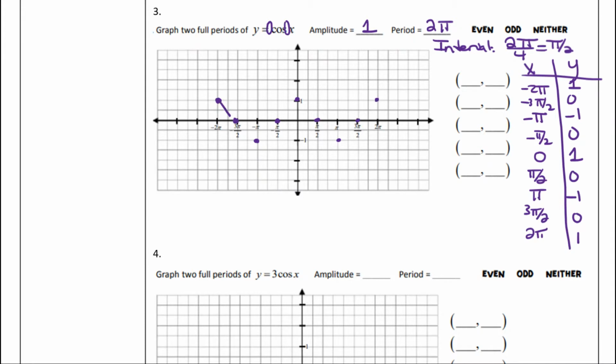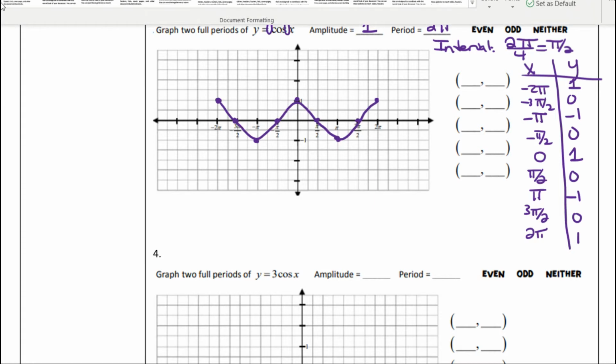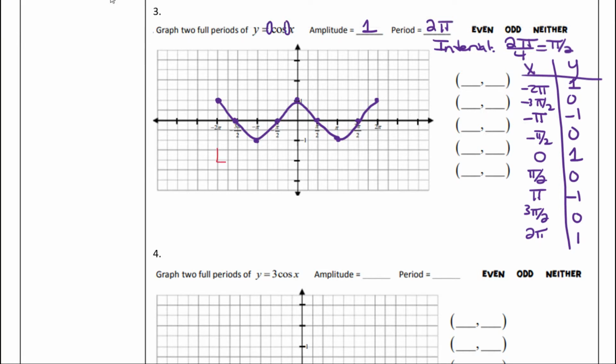So we can go ahead and graph this. All right, so then now we have it. So this represents one period, and that represents another period. And amplitude is that height or that depth down there.